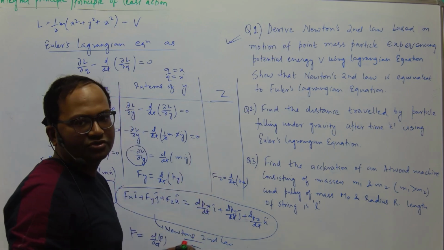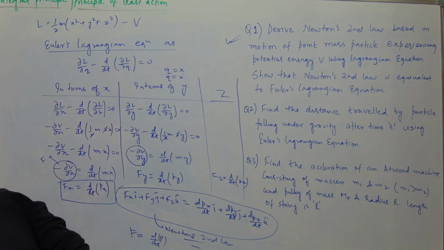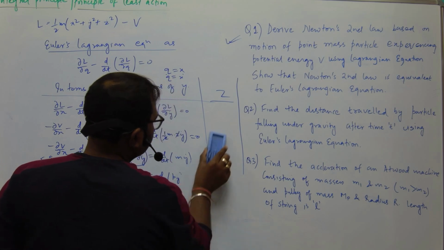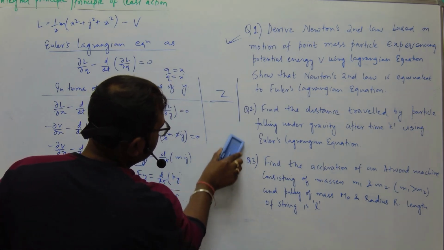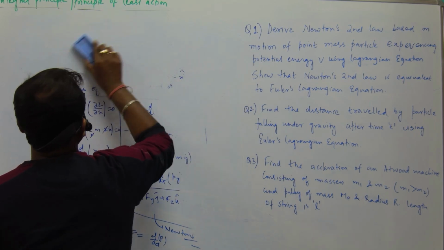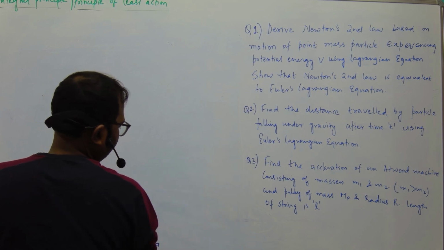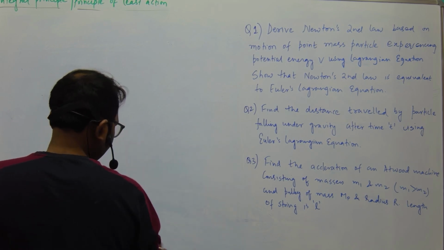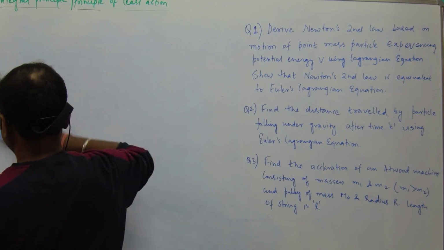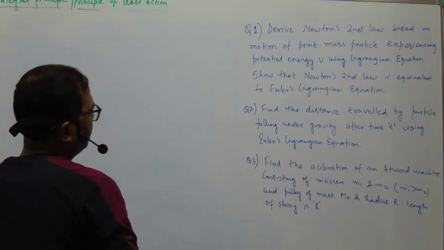Let's discuss question number 2. How can we solve this? What is given in question number 2?